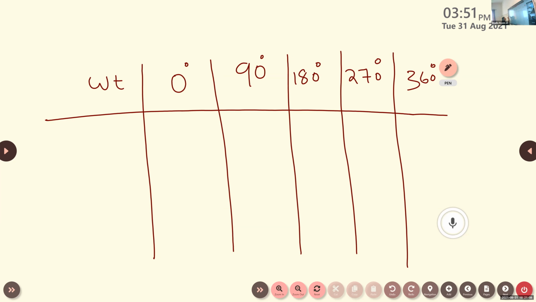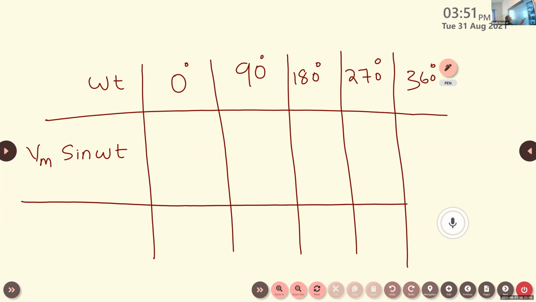The corresponding EMF that we are applying in the circuit is equal to Vm sine omega t, and the value of current is Im sine omega t, where omega t represents the phase angle.